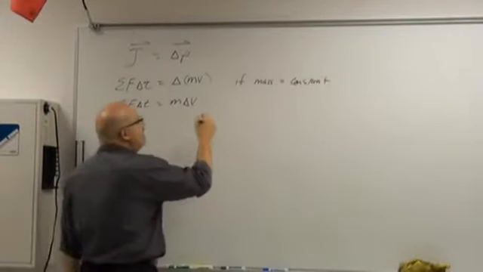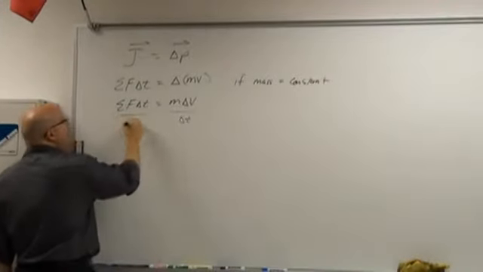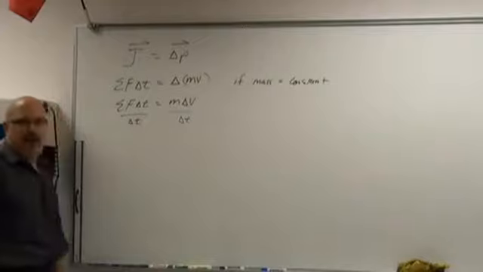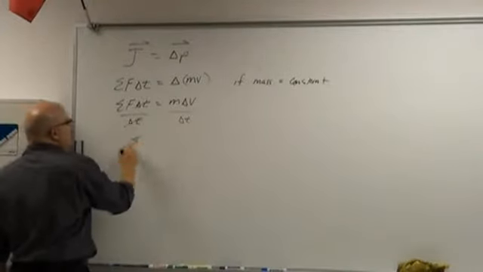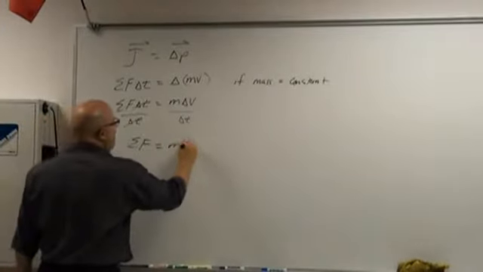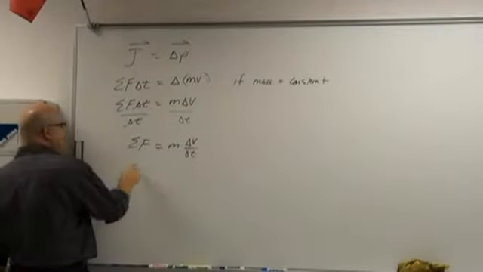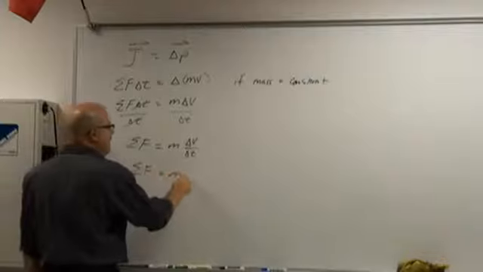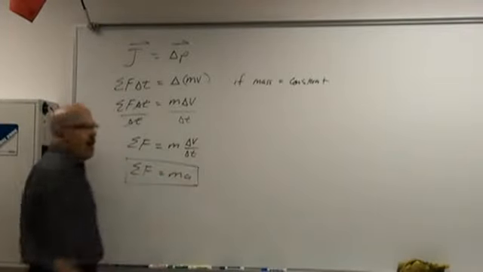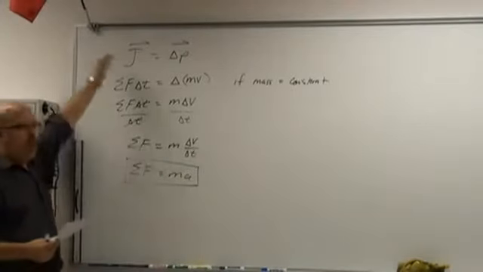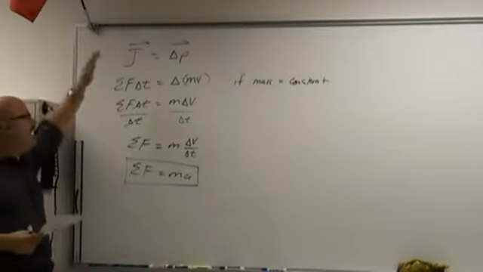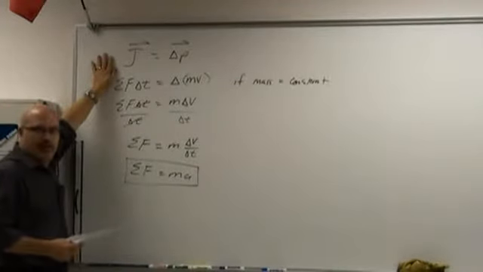If we divide both sides by delta t, mathematically that's correct, and we get the sum of the forces equals m delta v over delta t, which takes us back to F equals ma.